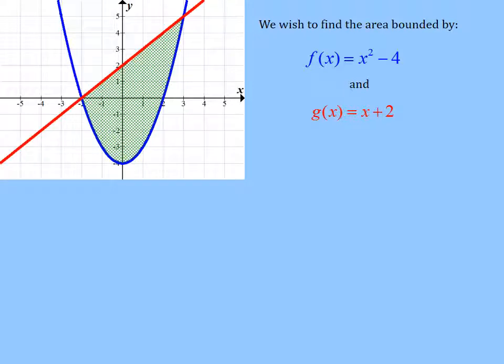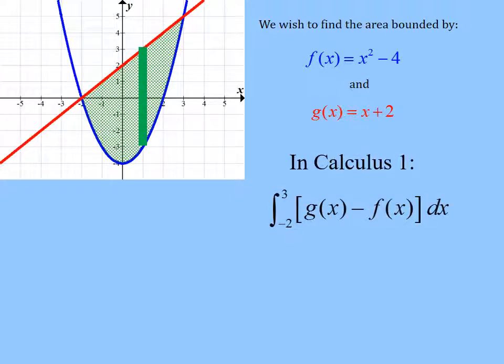Now in Calculus 1, we found the area of a region by taking a rectangle, placing it either horizontally or vertically, whichever was needed. In this case, vertical rectangles are needed because if you put horizontal rectangles on there, you wouldn't be going from one function to another every time.